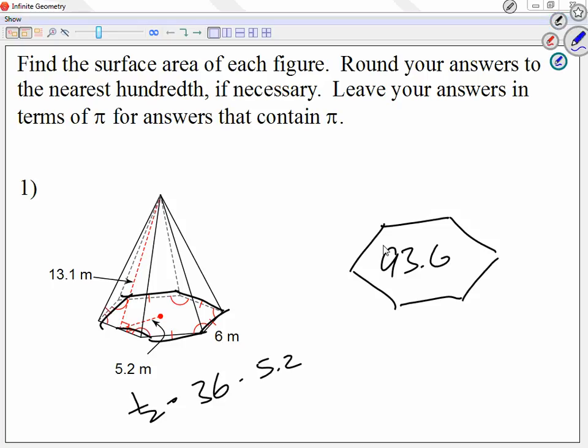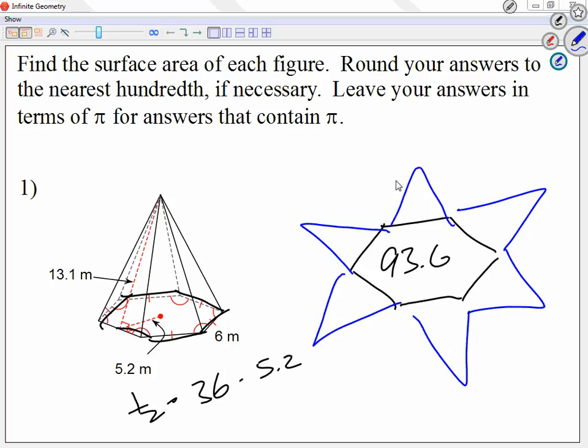Now looking at the sides, there's one triangle for each side. For my triangles, I'm going to go 1/2 times 6 times 13.1. The 6 and the 13.1 are the two numbers across a 90 degrees. On a triangle, it's only 1/2 times the two numbers across a 90 degrees. This one I should get 39.3 for each.